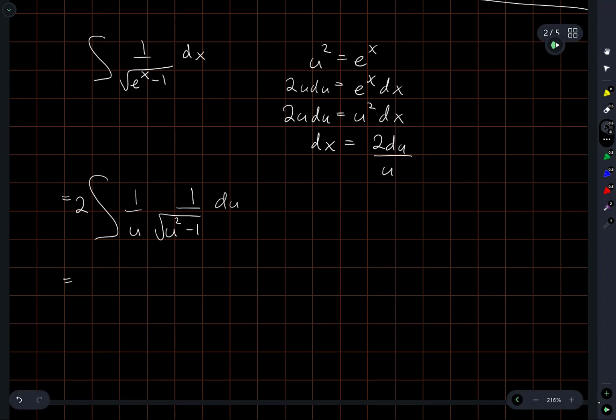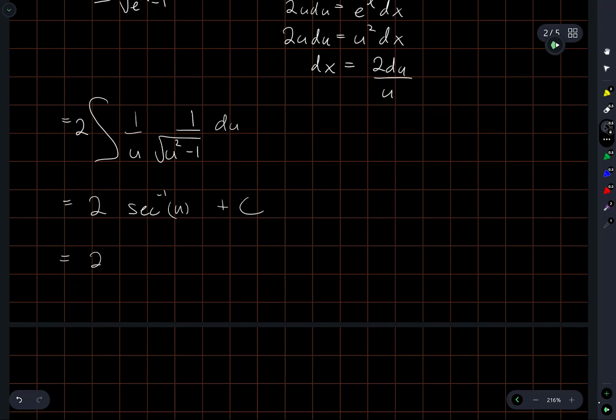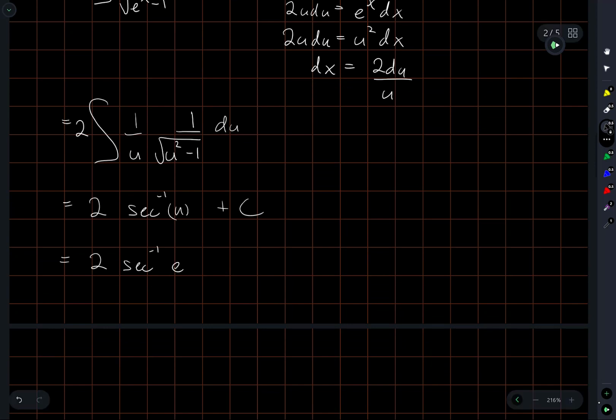And this is equal to, as we just showed, secant inverse of u plus a constant. So we end up getting 2 secant inverse of e to the x over 2 plus a constant.